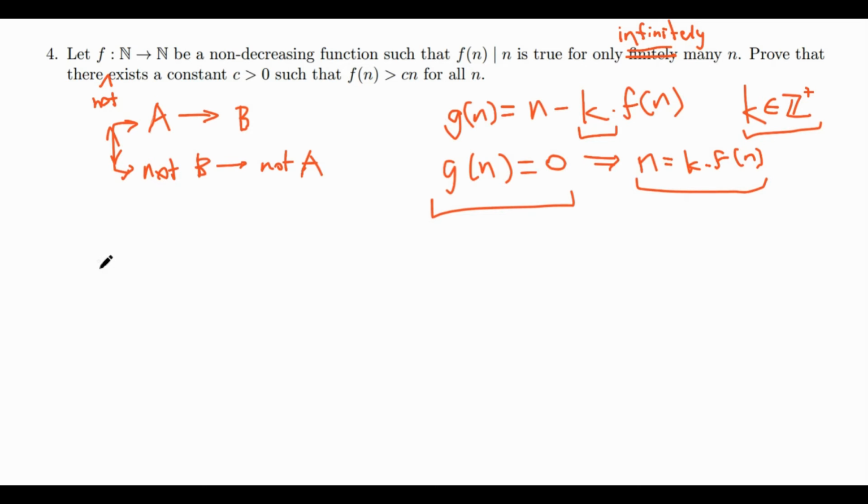So if we want to attack it like this, of course, let's first consider g of 1. g of 1 is equal to 1 minus k times f of 1. And note that f of 1, because the function goes from natural numbers to natural numbers, is greater than or equal to 1. So this is less than or equal to 1 minus k.